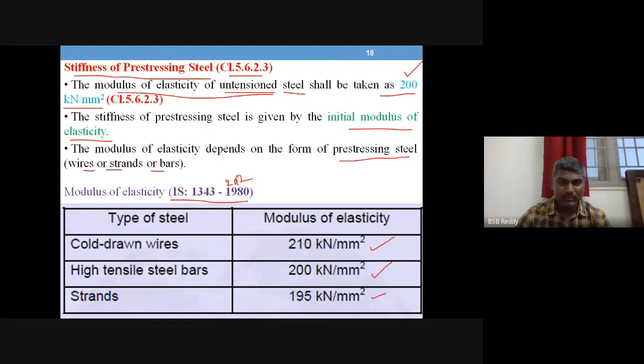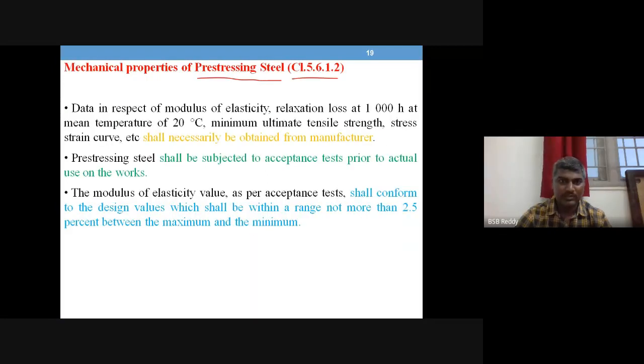Like that is what I was telling, the change in 2012. This was the earlier code given. Okay, now the code has been changed. So what is it telling? You see, it shall necessarily be obtained from the manufacturer. Okay, the code doesn't say this is the Young's modulus value.